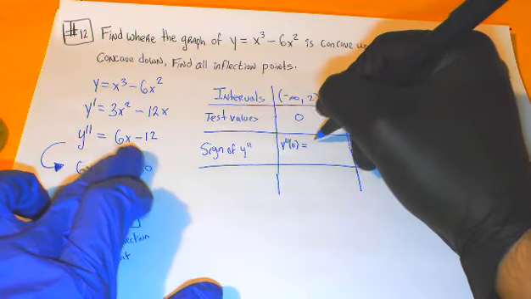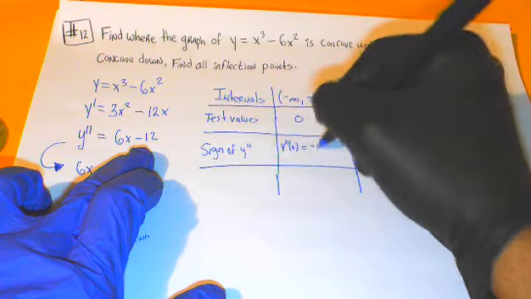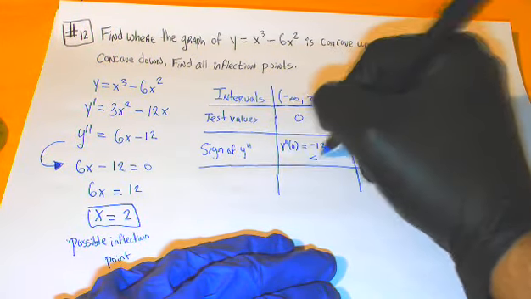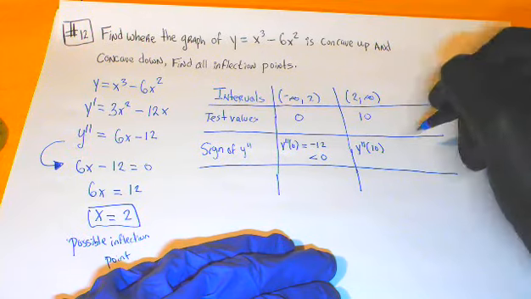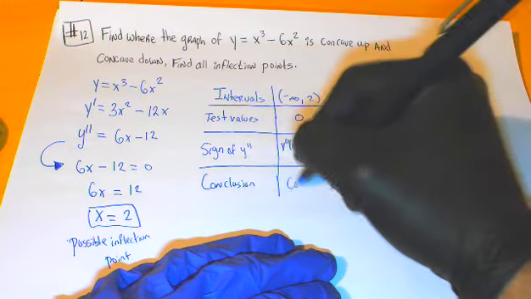Well, 6 times 0 is 0, so 0 minus 12 gives us negative 12. Because we have negative 12, this is less than 0. Hence, for this first interval, we can say the function is concave down.